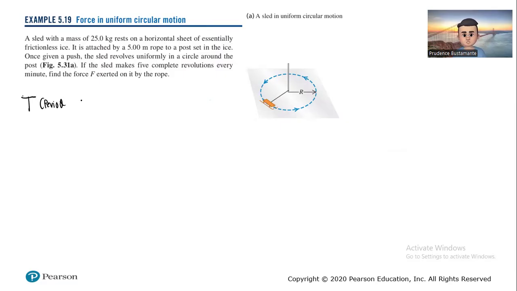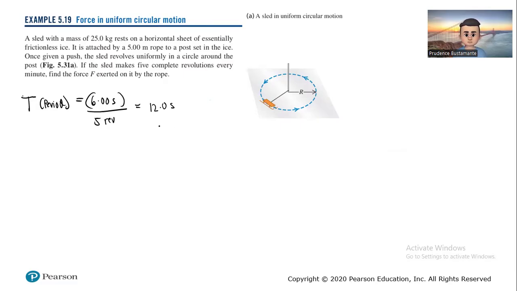Okay, so first the period is given by 60.0 seconds per 5 revolutions. Meaning the period is 12.0 seconds.